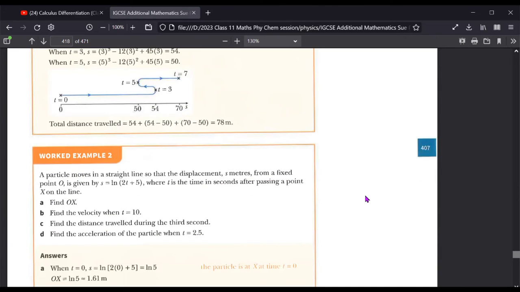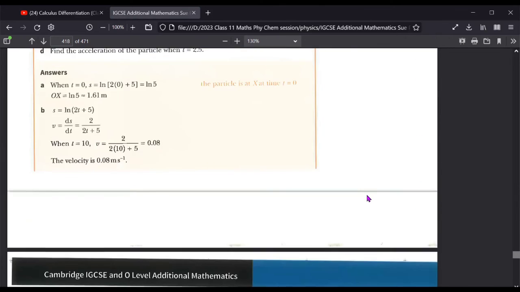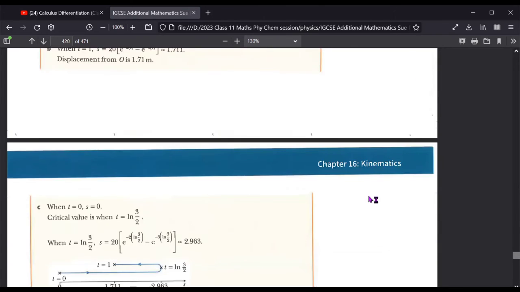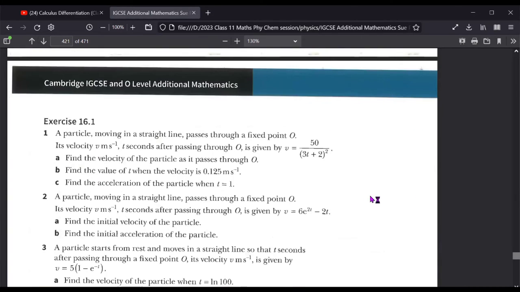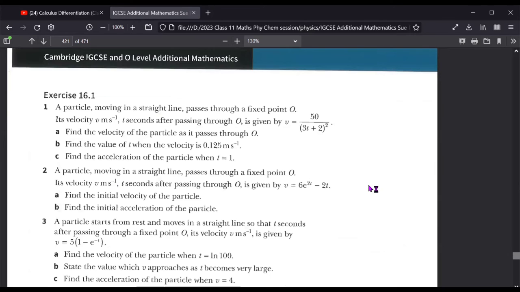You are not required, but at least we should have a fair amount of understanding of how these questions are done. Are we clear? Yeah. If you want, you can do one of the easier questions which won't require much differentiation. This is a question that you can do if you want. Are we clear? Yeah.